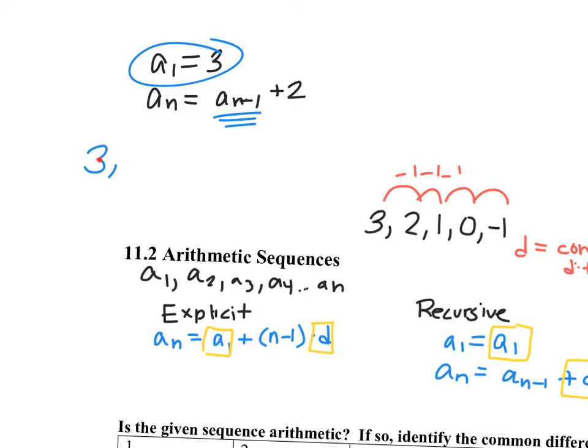So I'm going to take 3, which is the previous term. To get the next term, I'm going to add 2. So it's going to be 5. Then to get the third term, I'm going to take the previous term, which is 5, and add 2. Then to get the next term, I'm going to take the previous term and add 2. So that's kind of how recursion works.